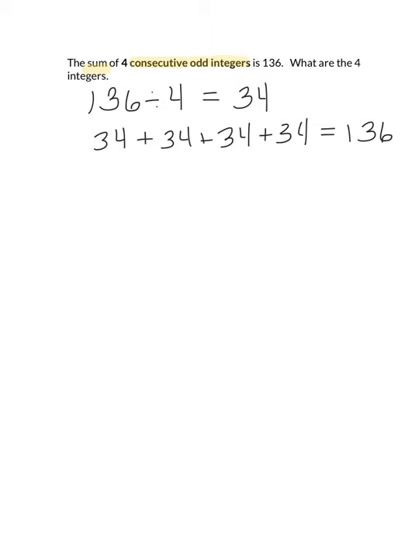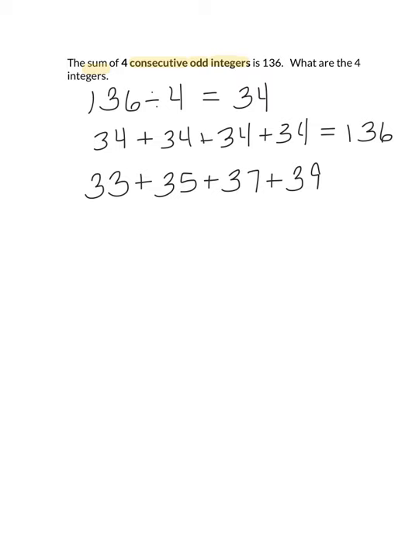I'm going to say, well, 33 comes right before 34. So let me try 33. The next odd integer would be 35, plus 37, plus 39.